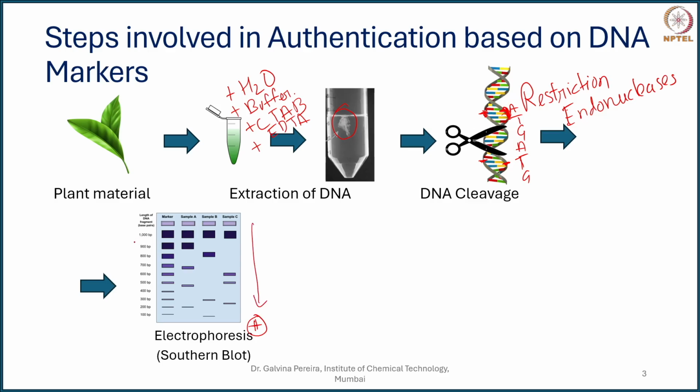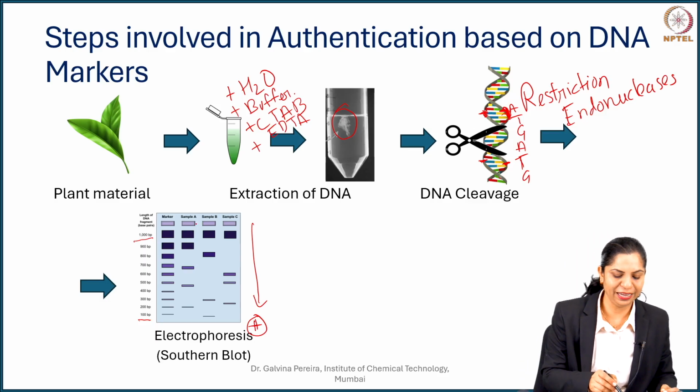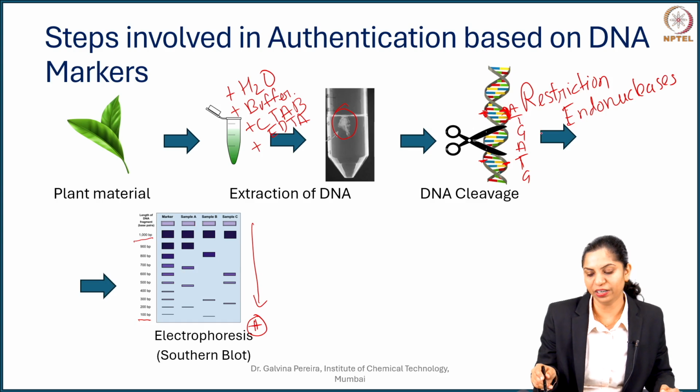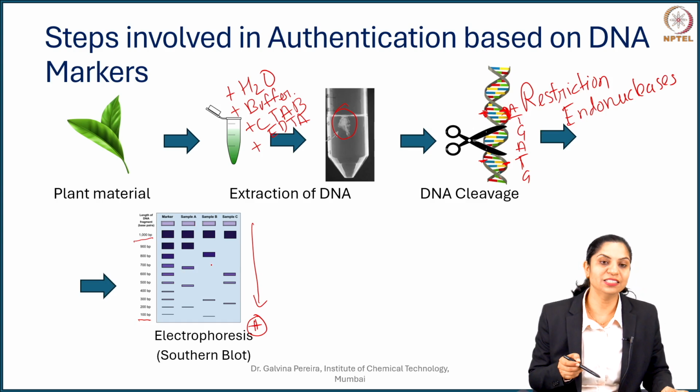The larger pieces, you can see 1000 base pairs, will remain back because they are fat and they do not diffuse through the meshwork of the polymer, whereas your smaller pieces like your 100 base pairs will travel ahead. So, you will get a good gradation of pieces in terms of size, and that gradation is unique to every plant. So, you can see sample A has these fragments after cutting with this, sample B has a different set of fragments, so does sample C.